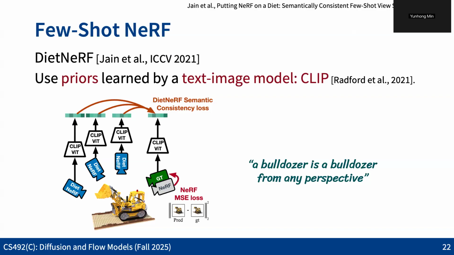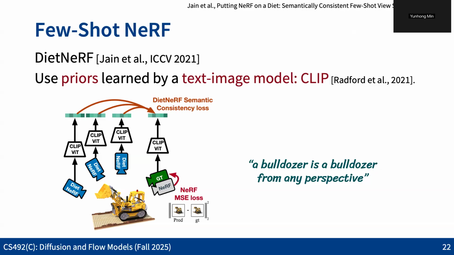So for those perspectives where we have the images, only 3 or 5, we can still use the L2 loss for the backpropagation, matching the rendered image with the image that we have. But from the many other perspectives, we can simply check the alignment between the rendered image and the text prompt, because we know that the object will be a bulldozer, right?